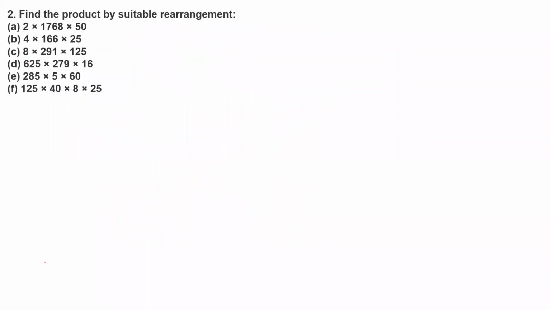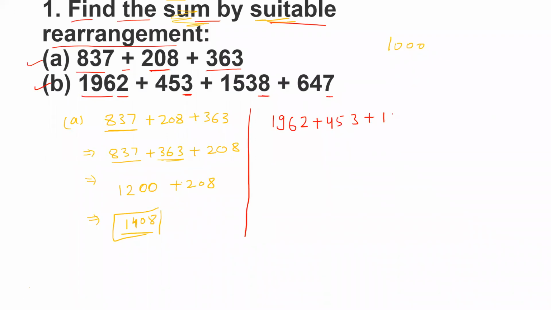Okay, so 1962 plus 453 plus 1538 plus 647. So I'm going to write 1962 with 647. Then I am going to write 453 plus 1538. Now students, if we add these two numbers, what I will get?